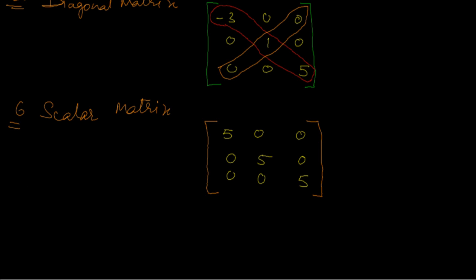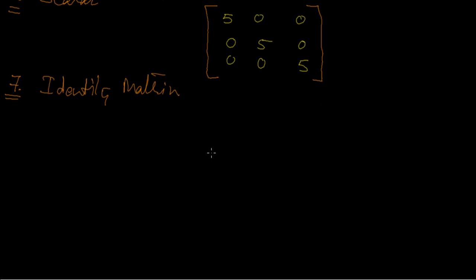Number 7, I would like to tell you about the identity matrix. In the identity matrix, you see here 1 0 0, 0 1 0, and 0 0 1.